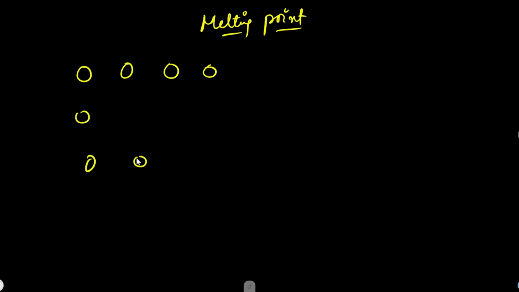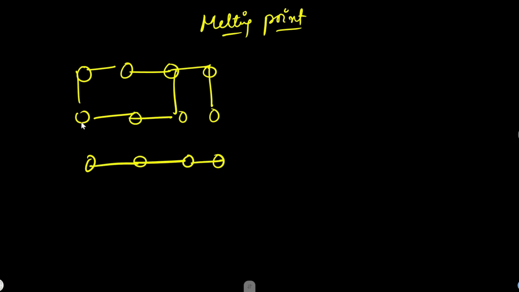Now, coming to the topic, the melting point. What actually happens is that the solid has its original position fixed, which means the bonding between the two particles inside the solid is constant.